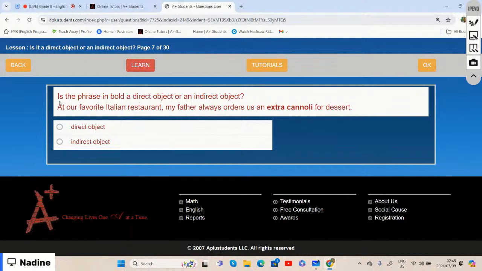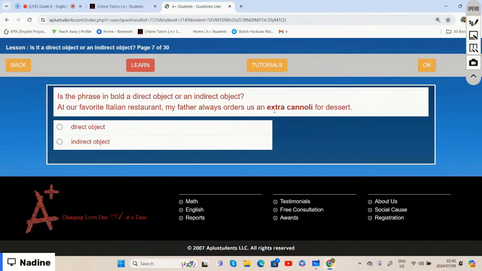Our sentence is, at our favorite Italian restaurant, my father always orders us an extra cannoli for dessert.